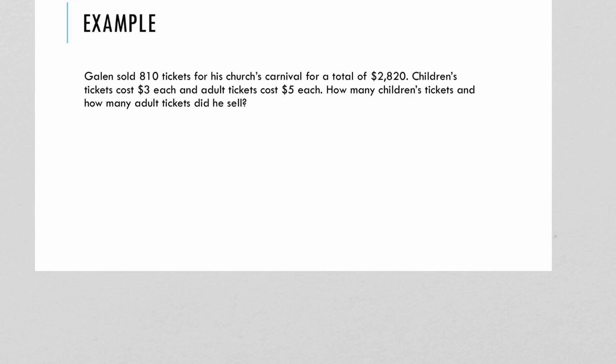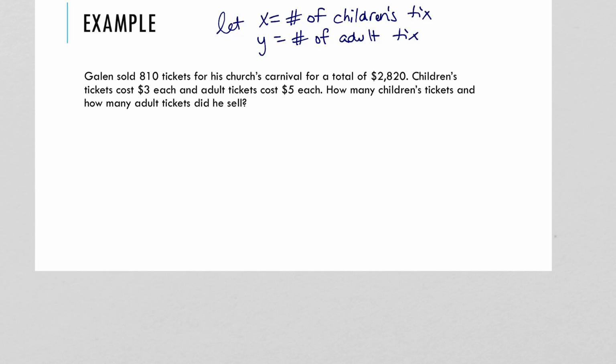So I'm going to let X equal the number of children's tickets, and Y is equal to the number of adult tickets. And I know that together I sold 810.